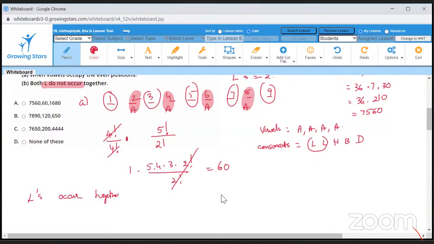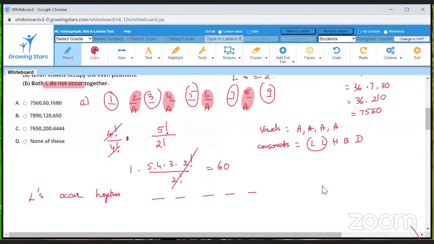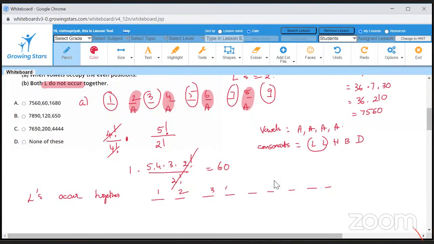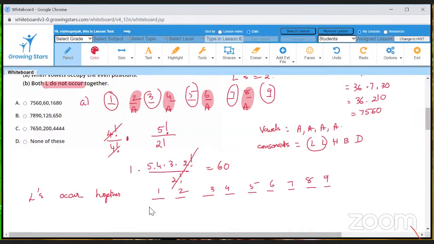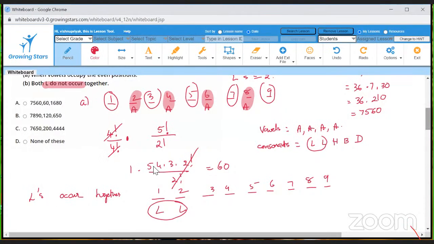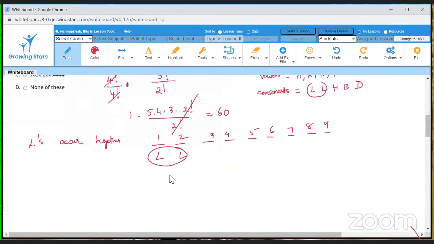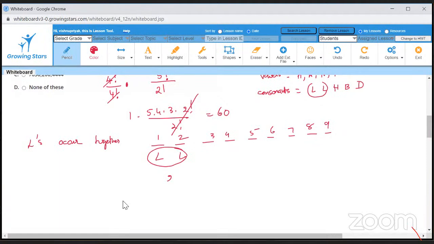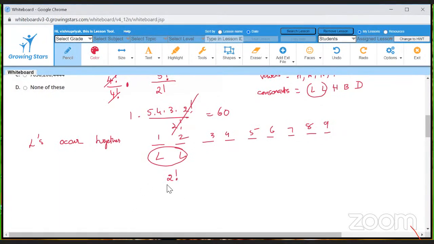There are 9 places: 1, 2, 3, 4, 5, 6, 7, 8. Now suppose both L's occur together, then in how many ways can you arrange them? 2 L's are there, 2 factorial, and again because they are repeating, divided by 2 factorial.